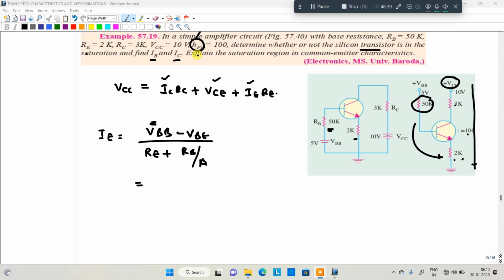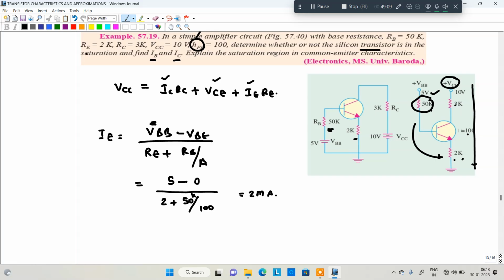Here VBB value is 5 volt. It is given. 5 minus VBE is neglected. For example, it is silicon, we can take it as 0.7, but it is not mentioned in the problem. So 5 divided by 2 plus 50 divided by 100. What is 50k divided by 100? That will be equivalent to 2 milliamperes. You got my point? Okay, right.